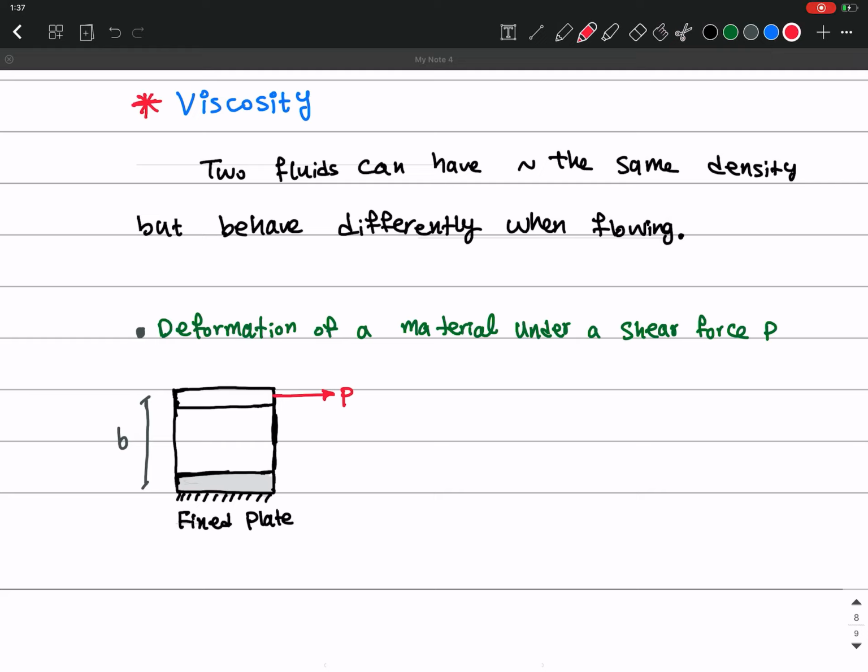So what I expect is, if this is a solid material, this material is going to deform and then stop based on the magnitude of the force. So I'm going to show the deformed material. It is going to look something like this.